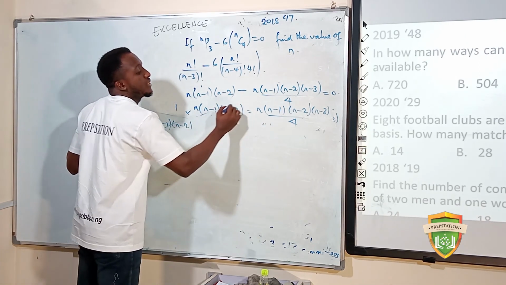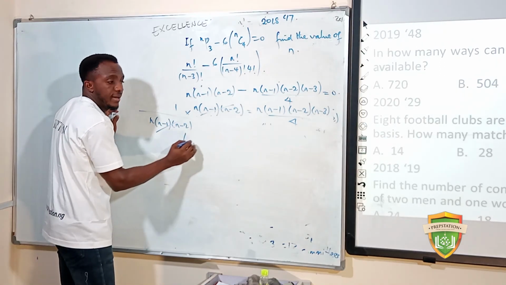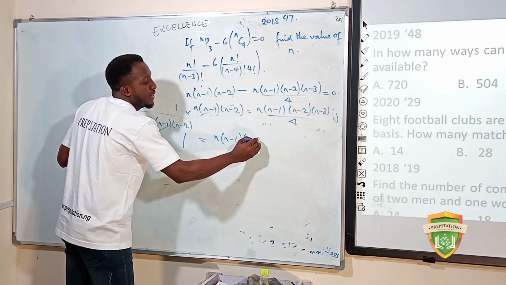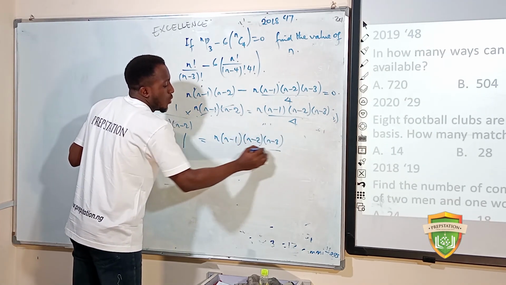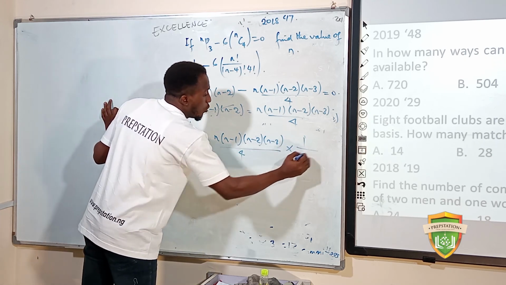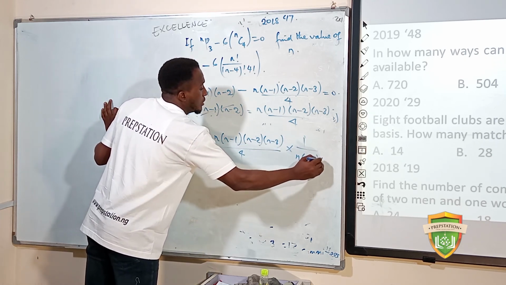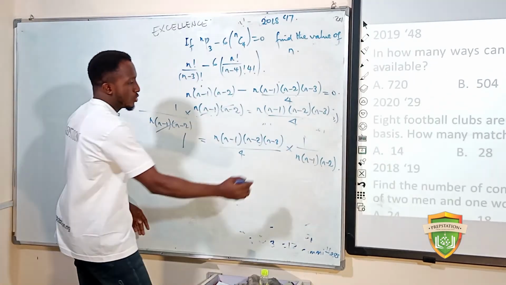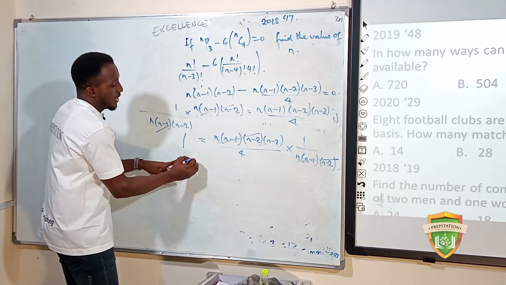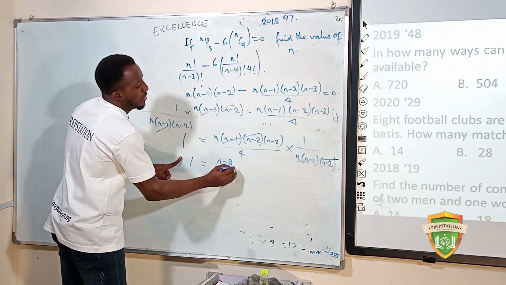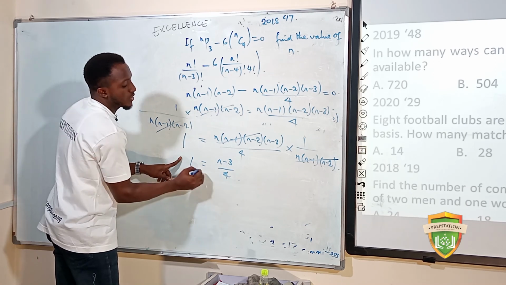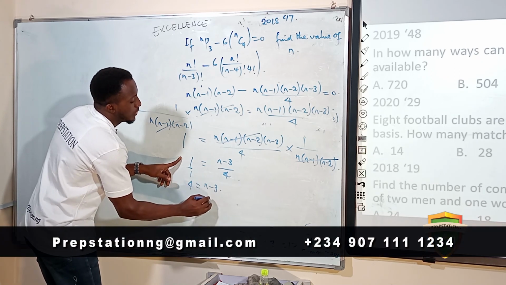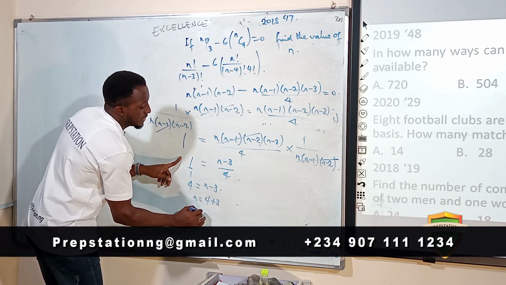So this will cancel this, leaving 1 here, equals to, there is something because of the space I have omitted, which I will put now, over 4 times 1 over n minus 1, n minus 2. What I did here is what I'm doing here. So this will cancel this, leaving us with 1 equals to n minus 3 over 4. So if we cross multiply, we have 4 equals to n minus 3. So n will be what? 4 plus 3, n is 7.